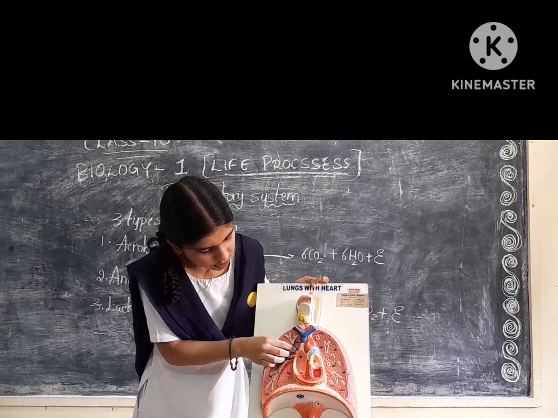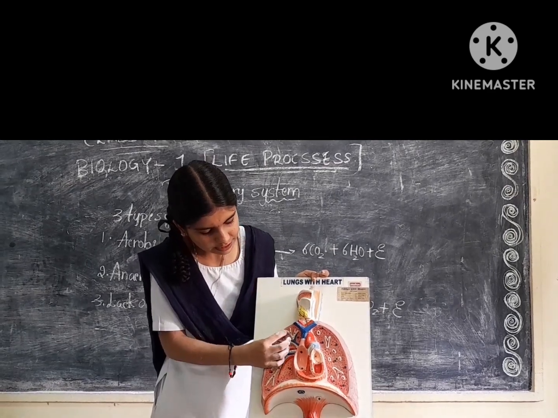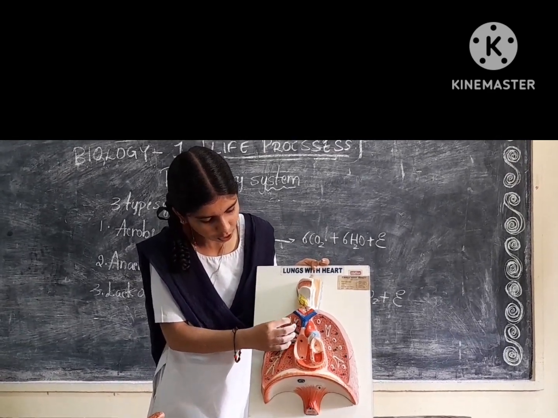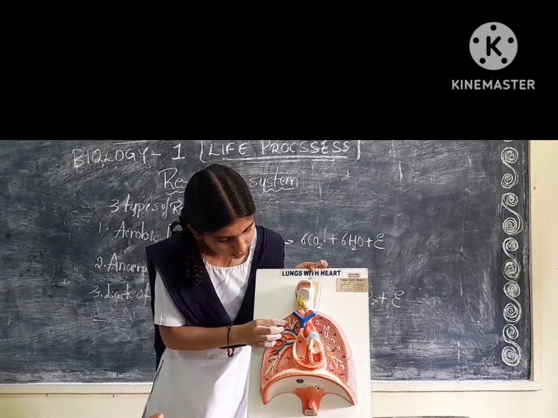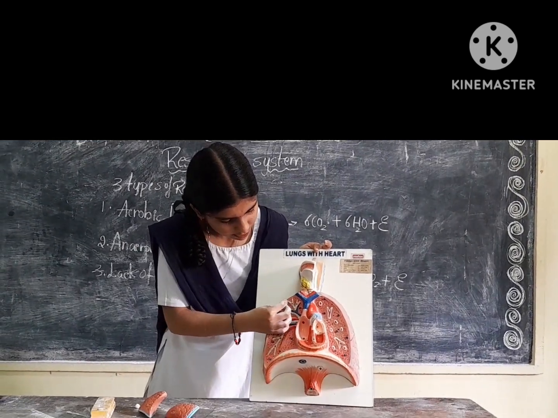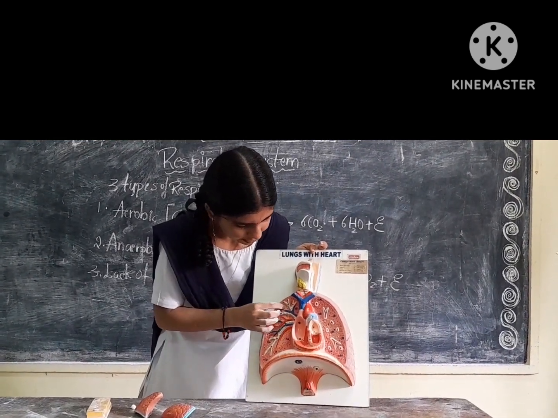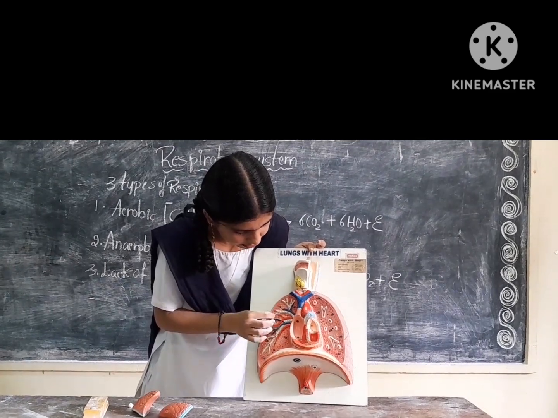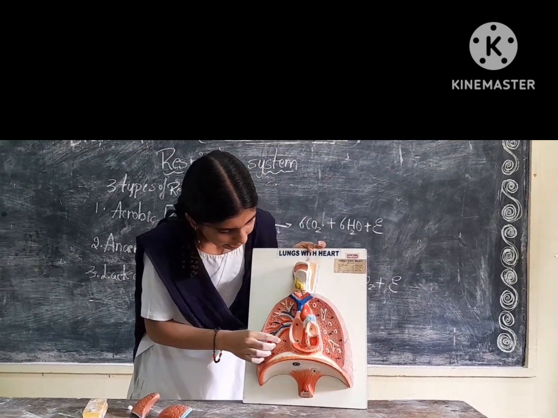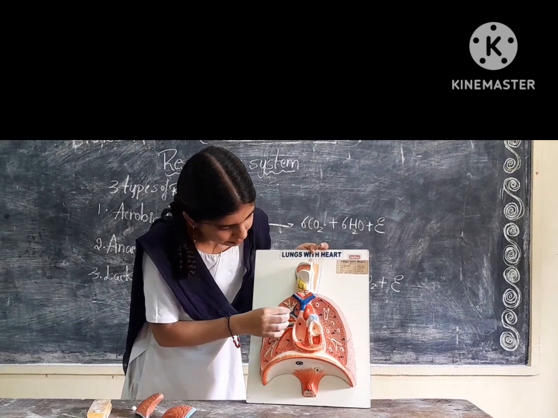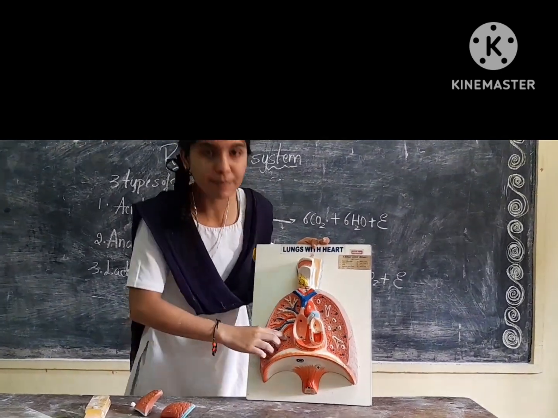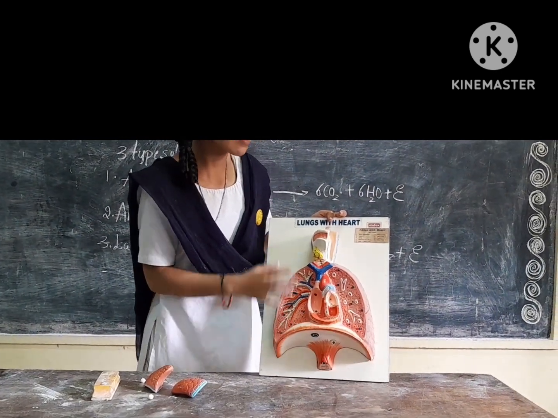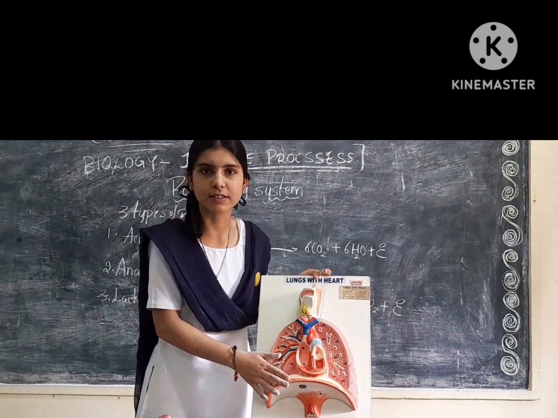Bronchi transfer the oxygen through the bronchioles. See, these are the branches divided from the bronchi. These bronchioles transfer the oxygen to all the alveoli. See, the sac-like structure is there. These are the alveoli, and the alveoli transfer it to the blood vessels. See, the red color is a blood vessel, and this is the process of respiration in the lungs.